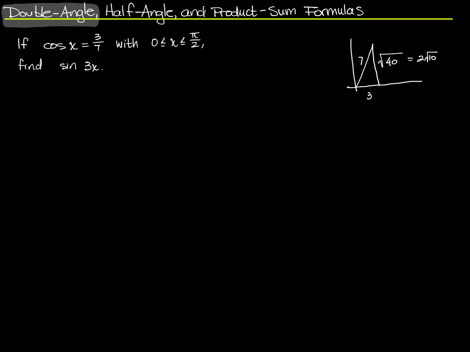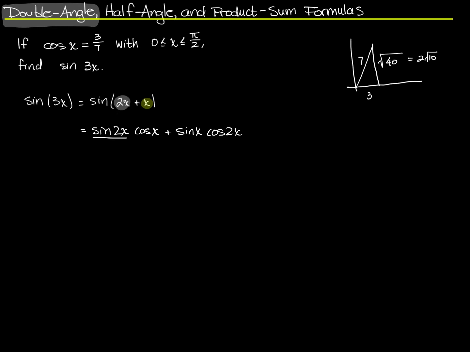Now, sine of 3x, I don't have a formula for that, but I do know the sine of the sum of two angles. So this could be 2x plus x. If I treat 2x like one angle, and x as a different angle, which they are, they're different sizes, then I can use the sine of sums formula to write this as the sine of 2x times the cosine of x plus the sine of x times the cosine of 2x.